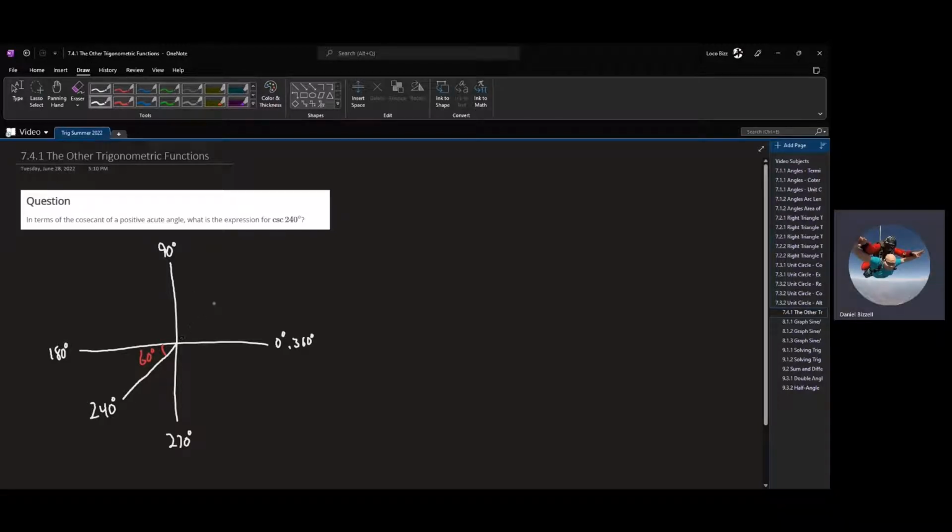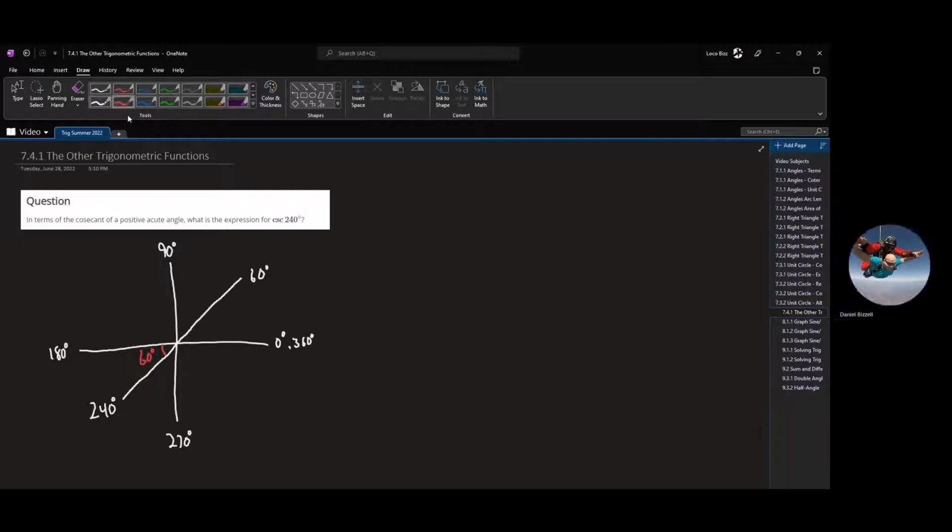So if we look at our angle 60 degrees in quadrant 1, they share the same reference angle. Okay, now that we know that they share the same reference angle, we want an angle in quadrant 1 that puts us in quadrant 3.